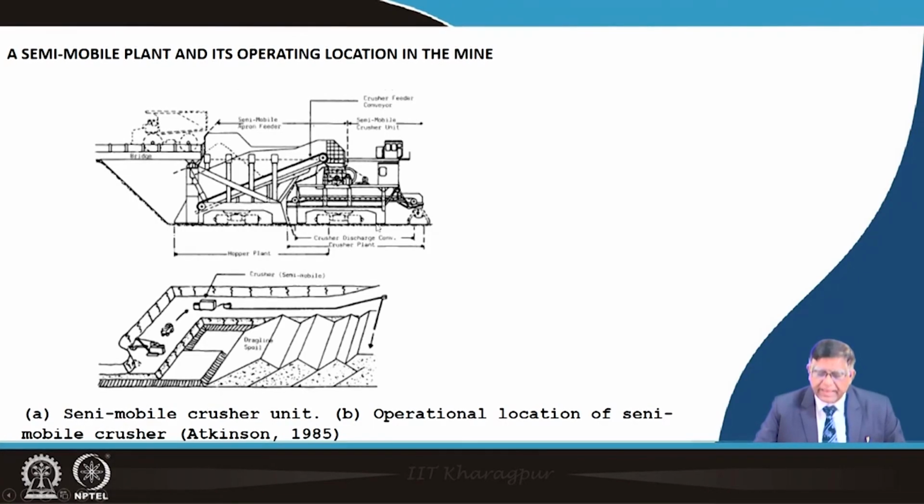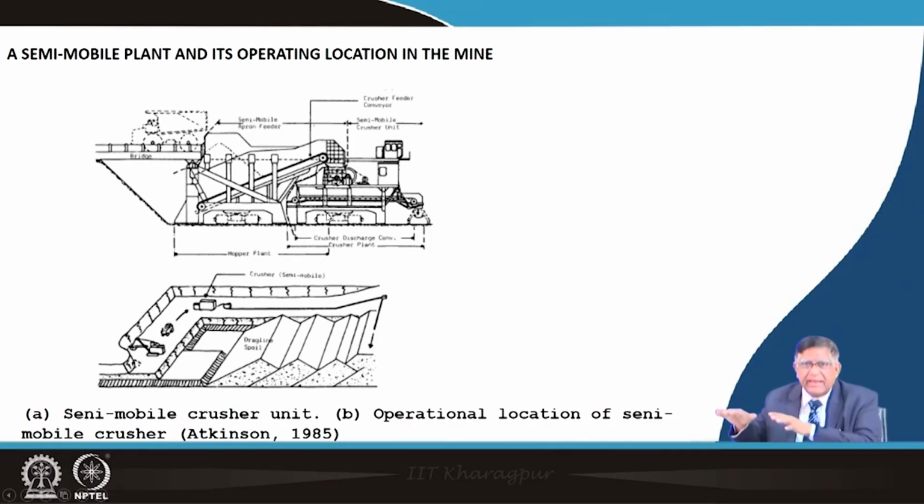Now, it does not have its own crawler, but this transporter can come and place itself below, lift the whole thing and carry it. That is what a semi-mobile type is.